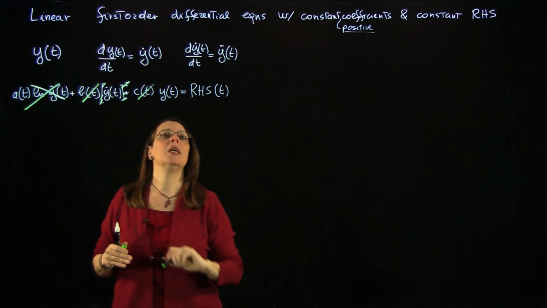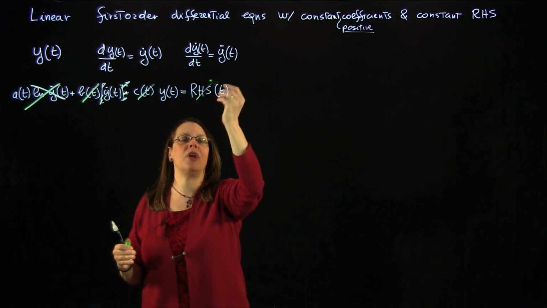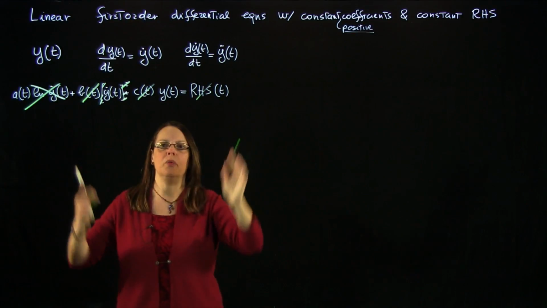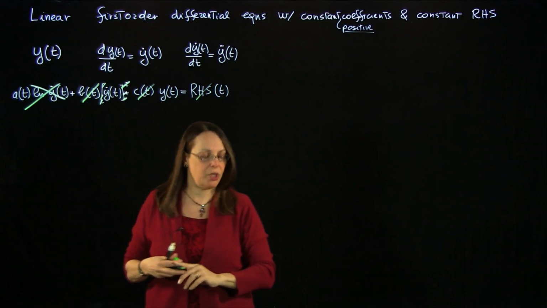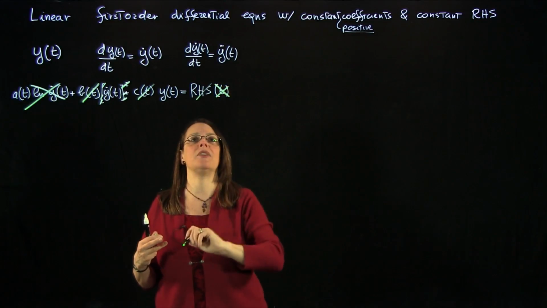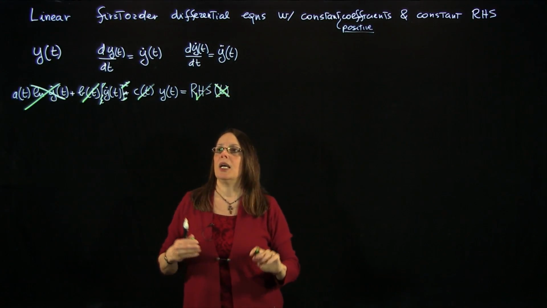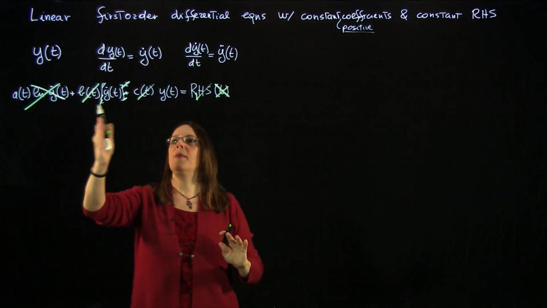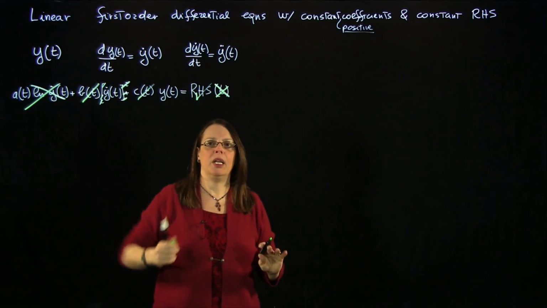And we also want a constant right-hand side, so instead of a function on the right-hand side, we call it D, a constant. I should cancel out the fact that it's a function of time. So our equation now is B y dot plus C y equal to D, another constant.